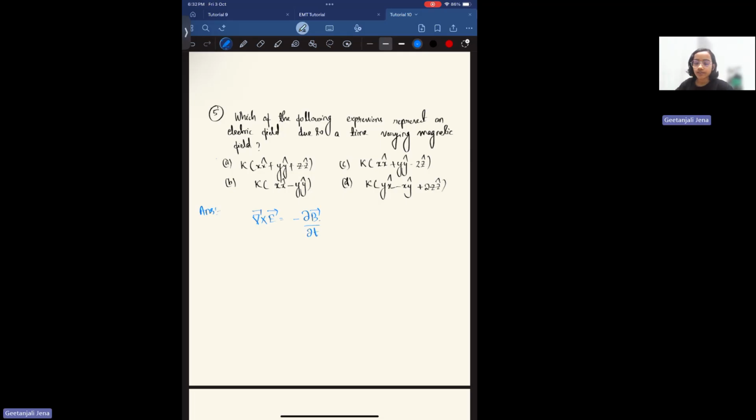That means if it is a time varying magnetic field, the curl should be non-zero. So the question is indirectly asking which one of the following is not the case for electrostatics, because for electrostatics we have curl of E equal to zero, and here there is a time varying magnetic field, so the curl of E should be non-zero.